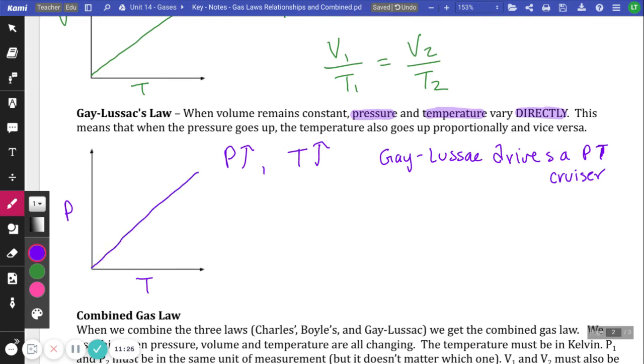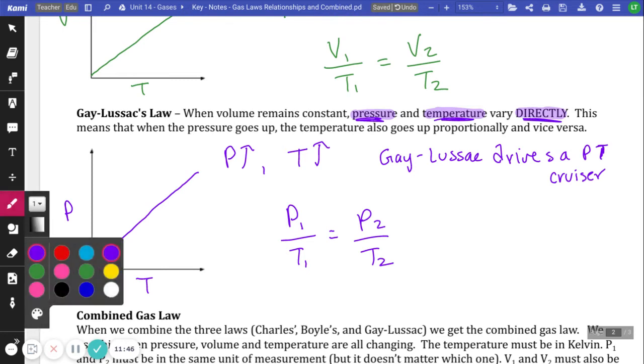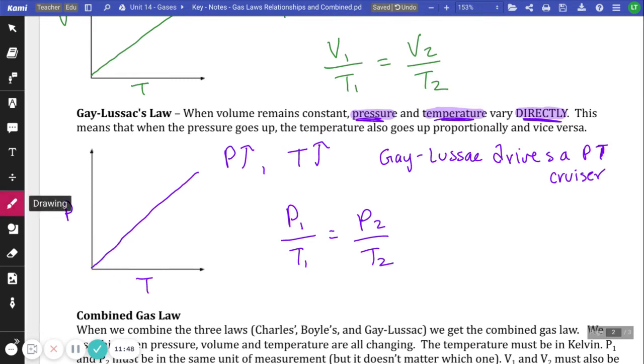We have that same graph there, and the overall equation for this one is P1 over T1 equals P2 over T2. The important thing to remember here is that Gay-Lussac's law relates pressure and temperature, and they vary directly. Hopefully those little phrases are helpful.